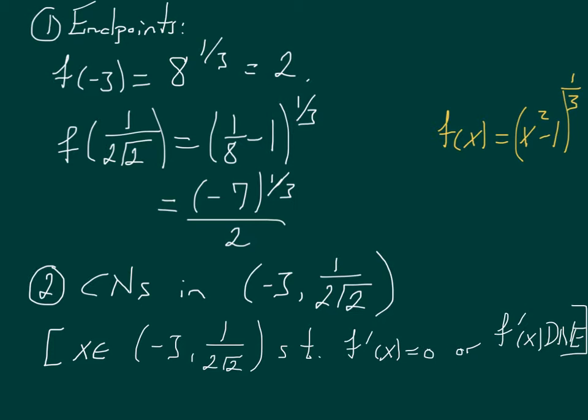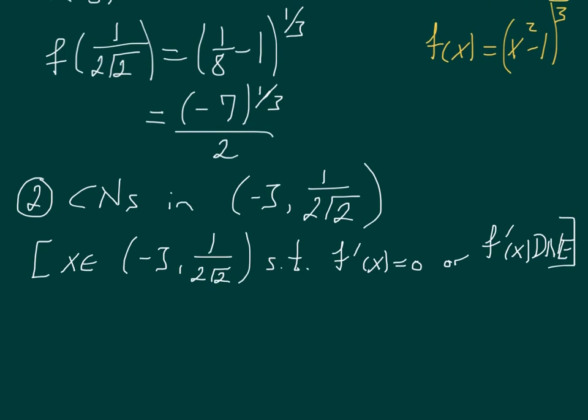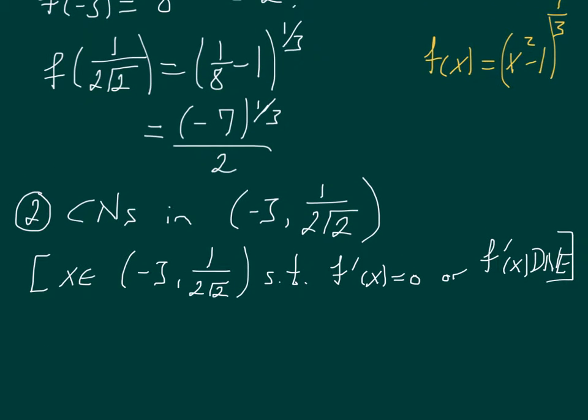So that means we're going to have to now find f prime of x, to find out where it's 0 and where it doesn't exist in this interval. So what's f prime of x? Well, up here in yellow we have f of x, so we'll differentiate this using the chain rule.